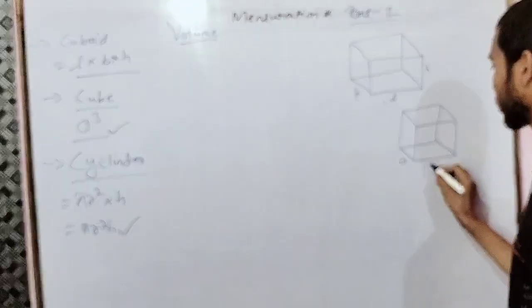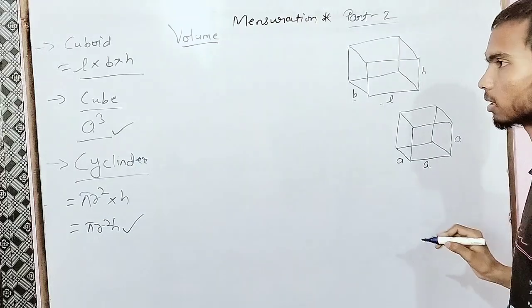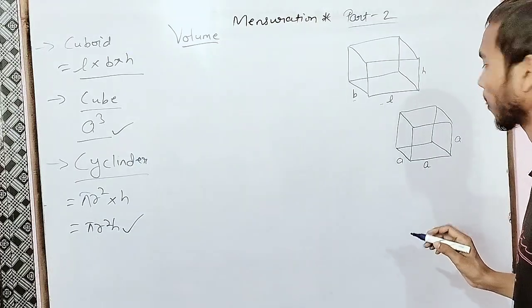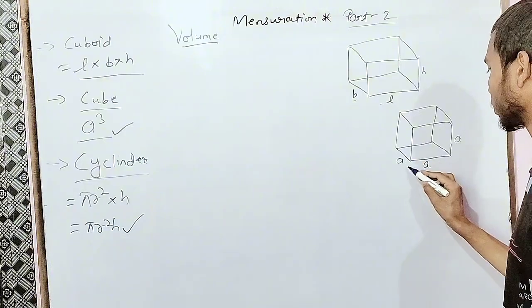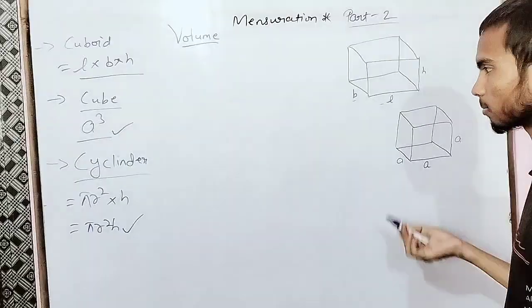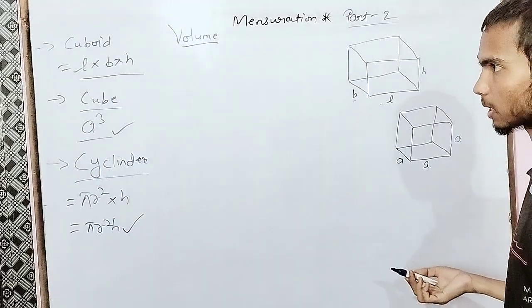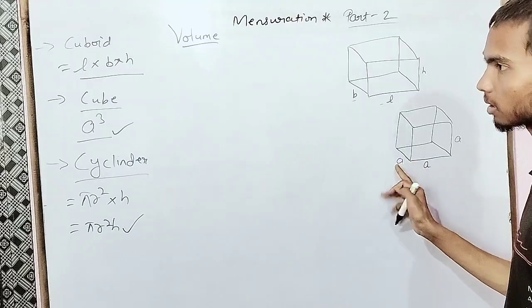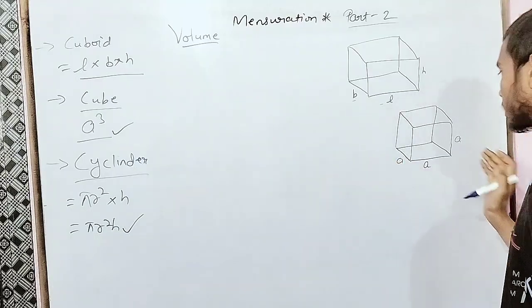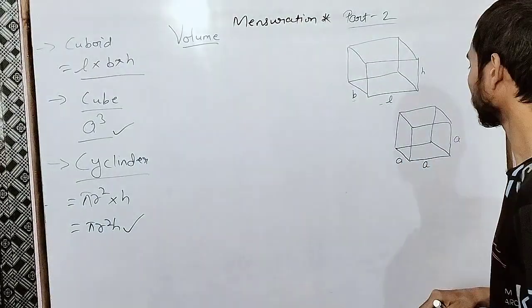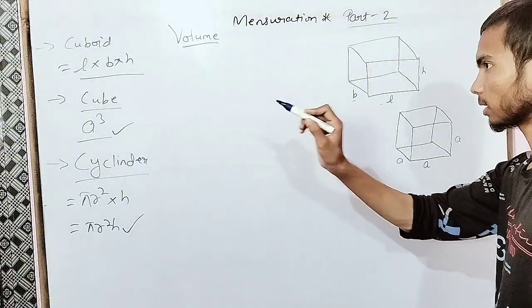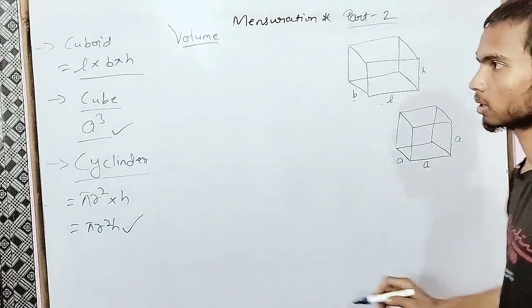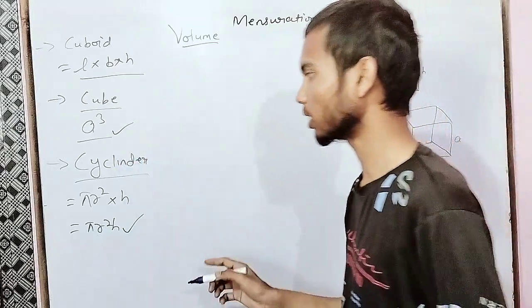This is one side, this is the second side, this is the third side, and if the measure of this is 6, then the others would be the same 6. That's why we have taken three sides: L, B, H.